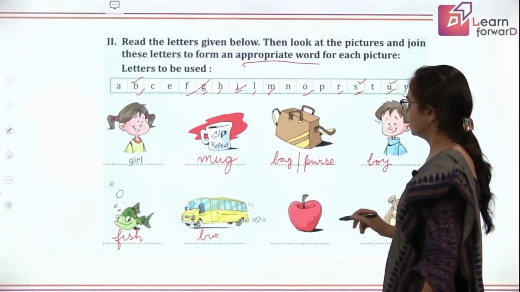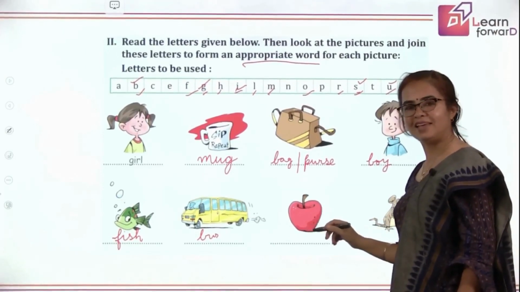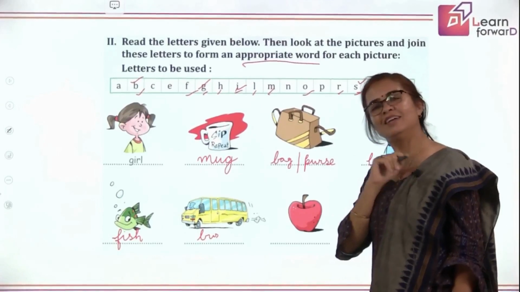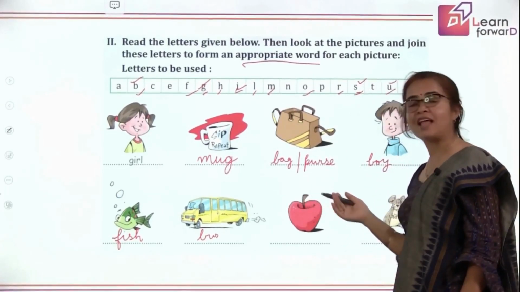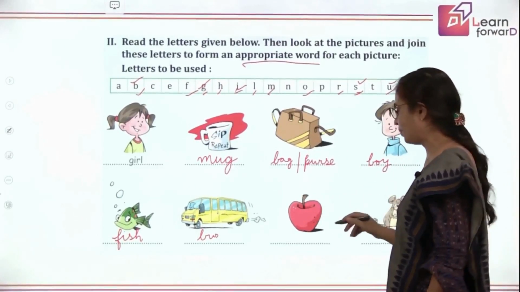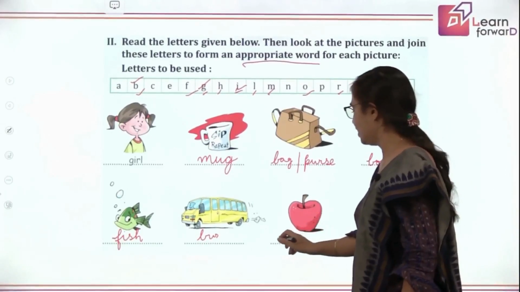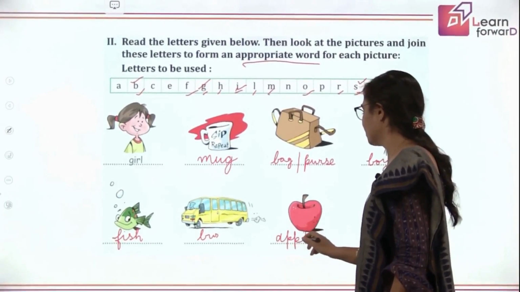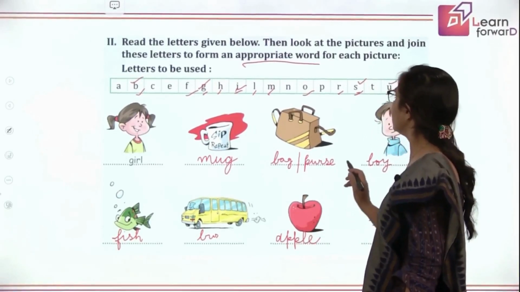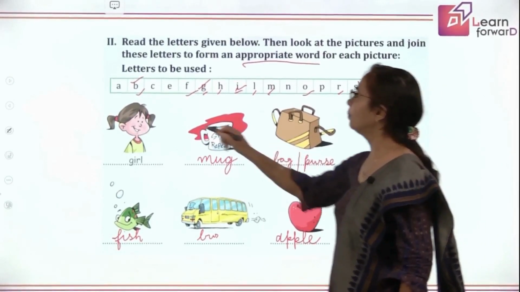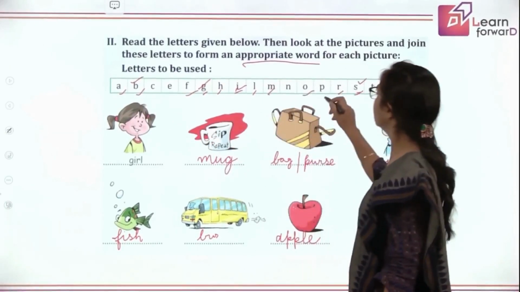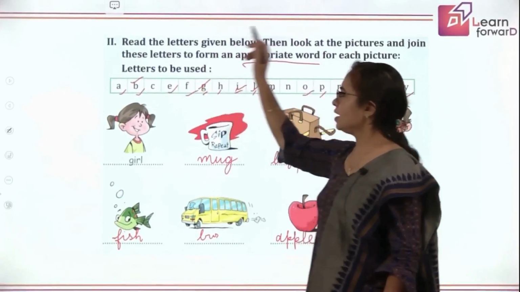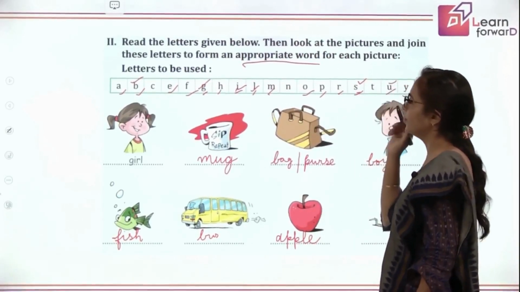Next is, yes, an apple a day keeps the doctor away. So it's that healthy for you to take an apple every day. So A double P L E. That's an apple. You got all of them.